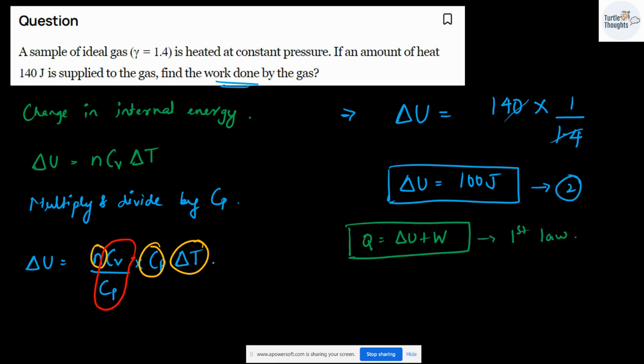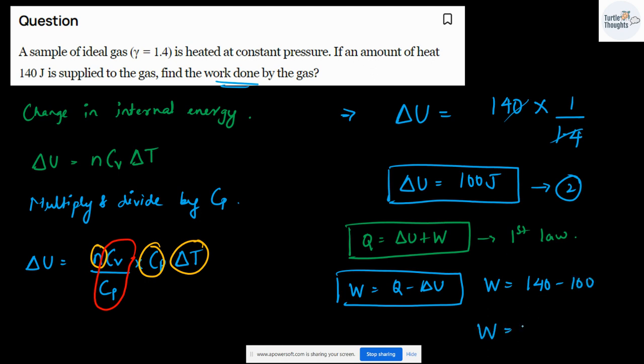In order to find out your work done, you can write W is equal to Q minus delta U. So work done is going to be Q which is 140 minus delta U which is 100. So the work done is going to be 40 joules. Is it clear?